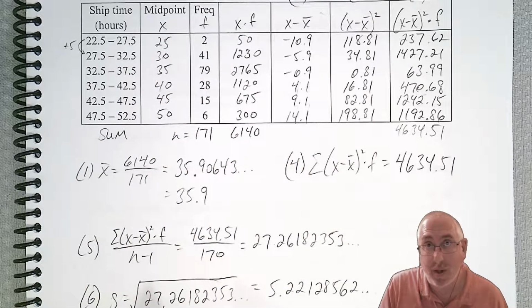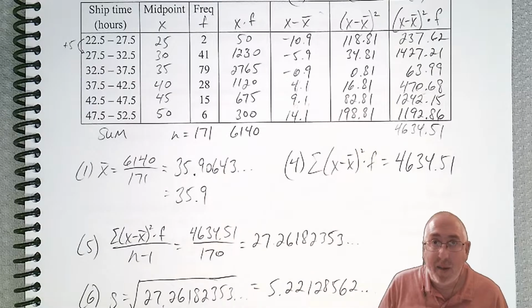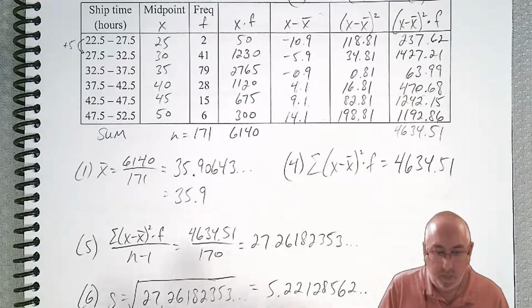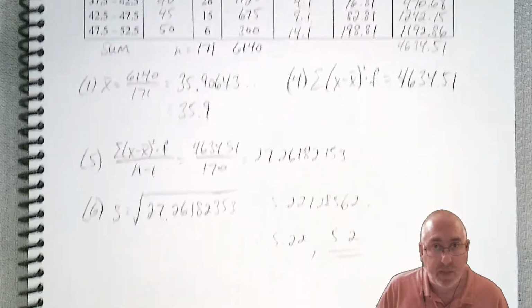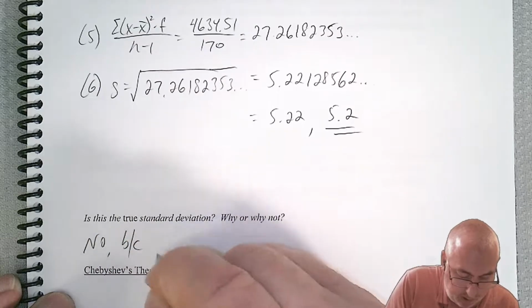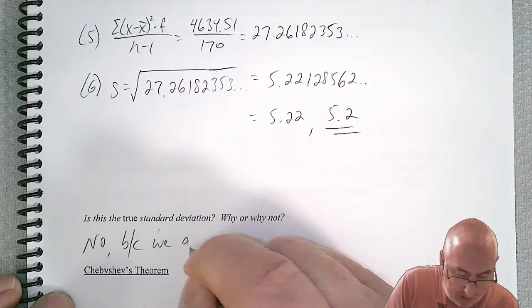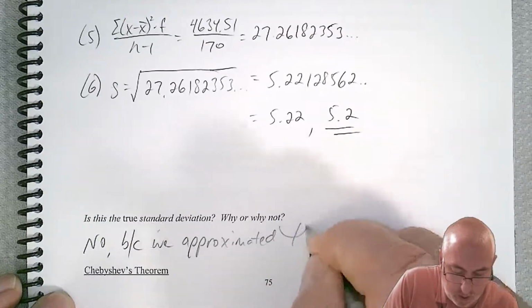We didn't know what it was. So it might be accurate, but it might be a little off too. But it's going to be close. It will be close. But just keep that in mind. So no, because we approximated the data.